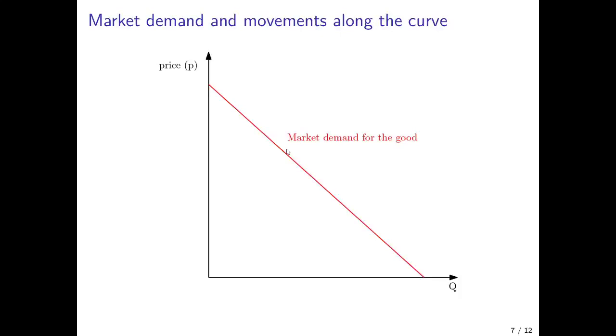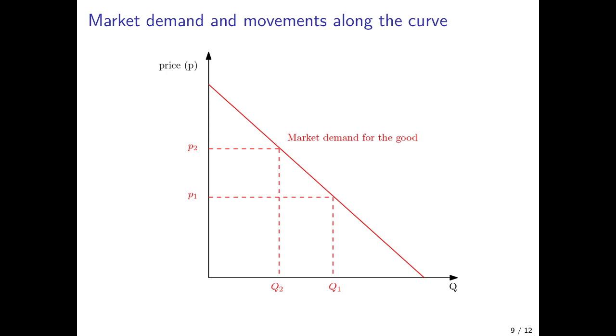So now we've constructed this market demand curve out of the individual demand curves of the two individuals that we considered. And we now ask what happens if the price of the particular good that we are interested in changes. So we start with a price P1 and an associated quantity Q1, and now the price of the good increases to P2. So in our case, cinema tickets become more expensive.